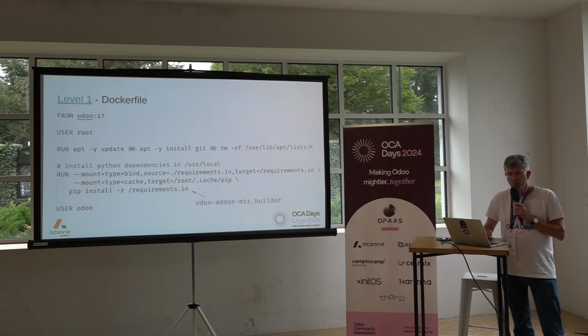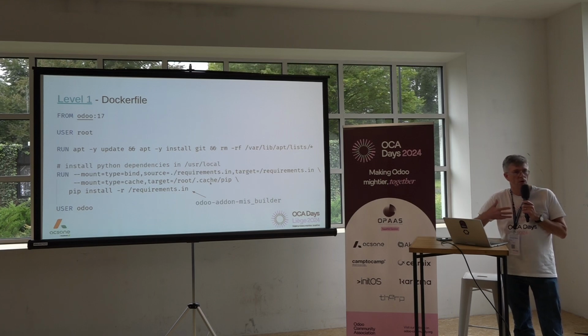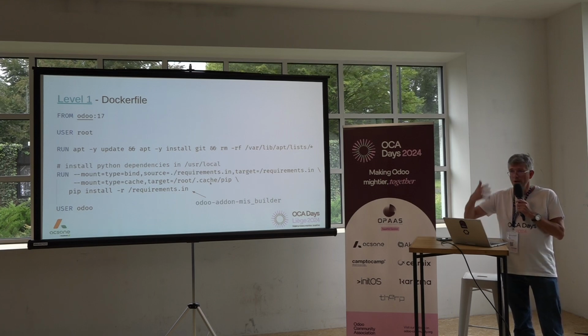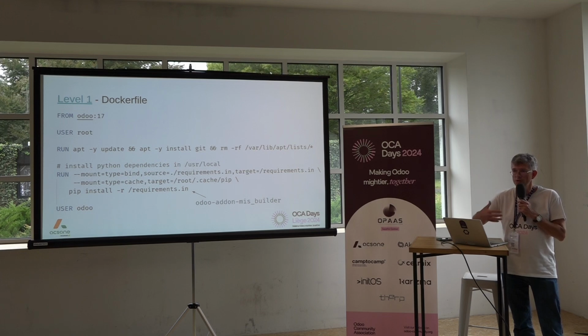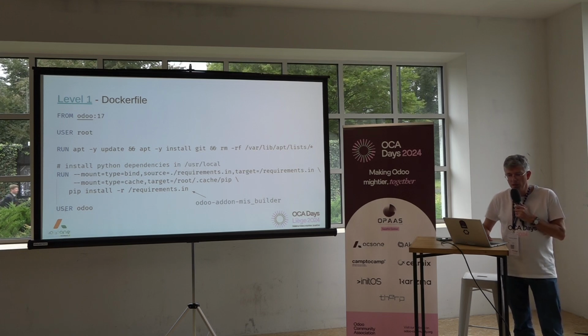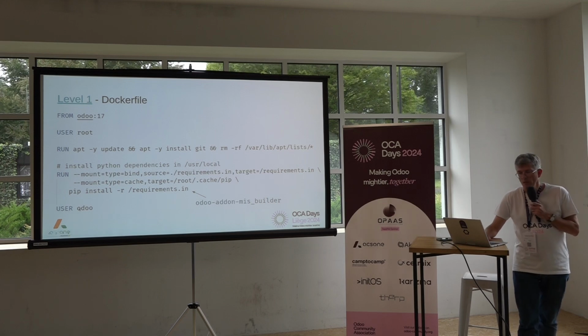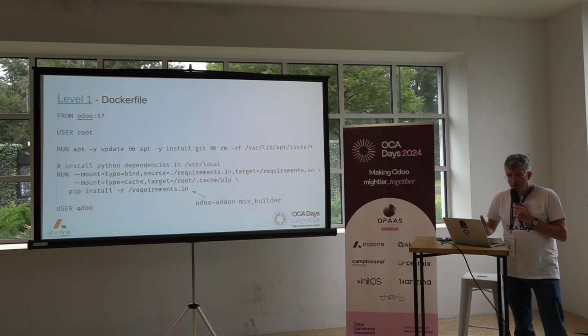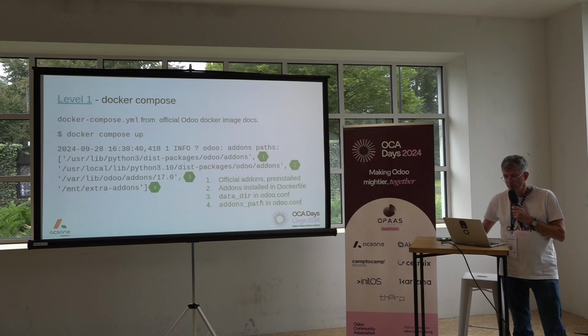And we also mount the pip cache, which in your development workflow will make it much faster when you need to rebuild the image, because then you have a pip cache that is just available on each rebuild. And then we come back to the Odoo user. And so you have a very simple image based on the Odoo standard that has the MissBuilder add-on added. And that's basically all you have to do.